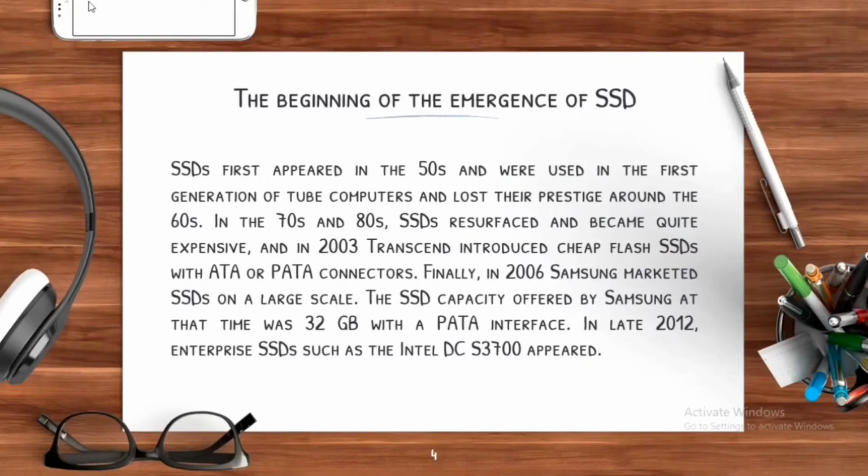Finally, in 2006, Samsung marketed SSDs on a large scale. The SSD capacity offered by Samsung at that time was 32 GB with PATA interface. In late 2012, enterprise SSD such as the Intel DC S3700 appeared.